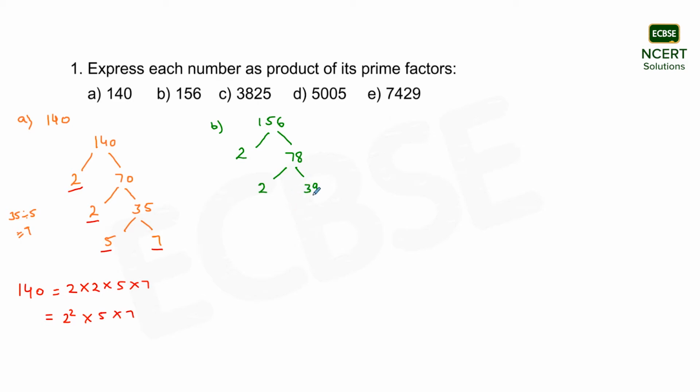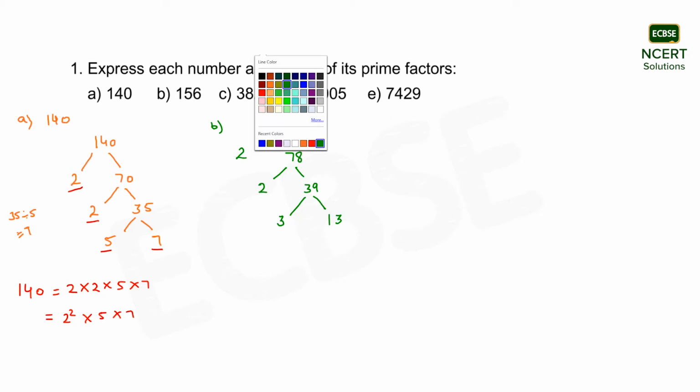Clearly 39 is not an even number, so I cannot take the prime factor 2 out from this number. But 39 is divisible by 3. If I take the prime factor 3 out, I'll be left with 13. And we know 13 is a prime number itself.